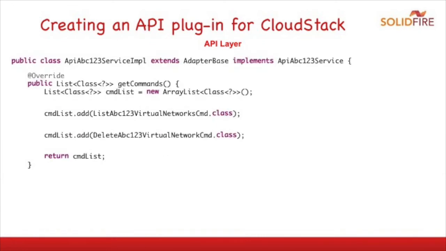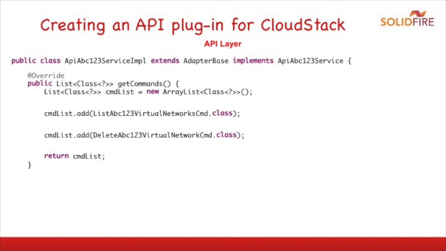So let's first take a look at the Pluggable Service method getCommands. What this is doing is, your API plugin is going to be asked by CloudStack, when it discovers the API plugin, what commands do you support? It's going to call getCommands to find this out.